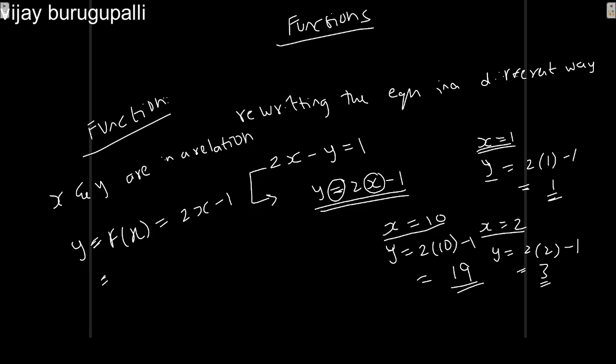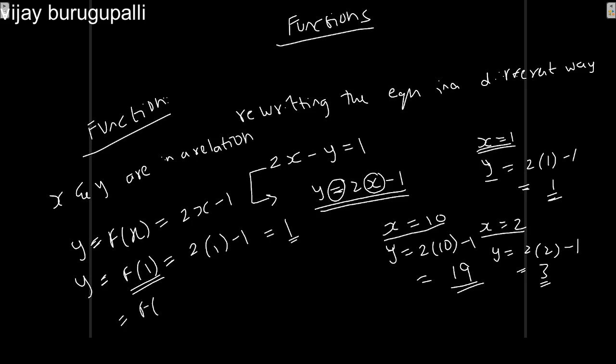That means if you take f of 1, you have to replace the value of x with 1. That means 2 times 1 minus 1. We will get the value of f of 1 as 1, which is equal to y.